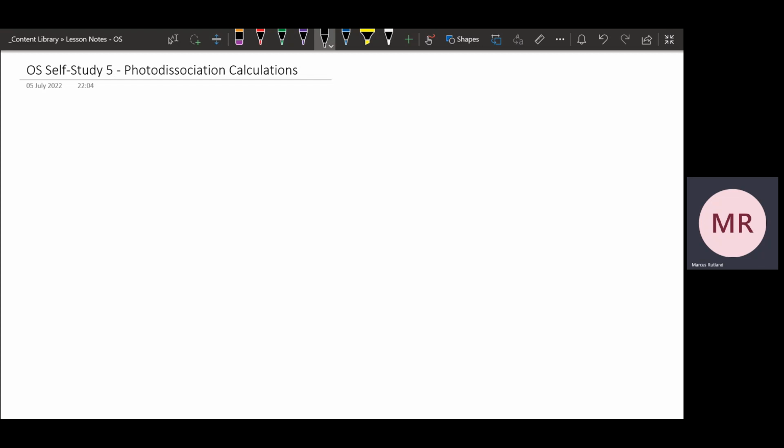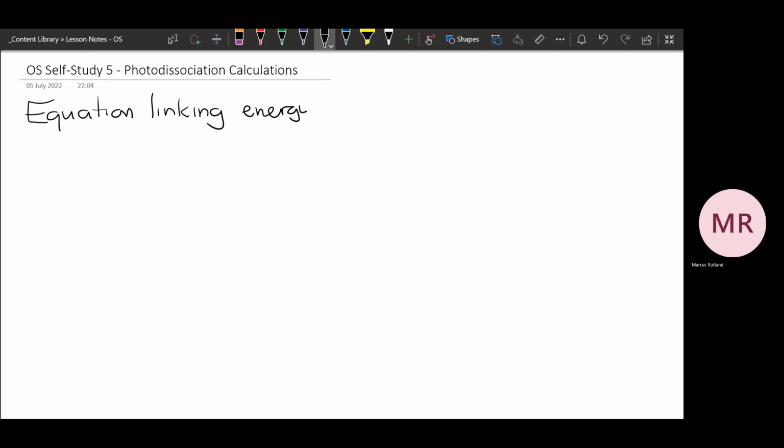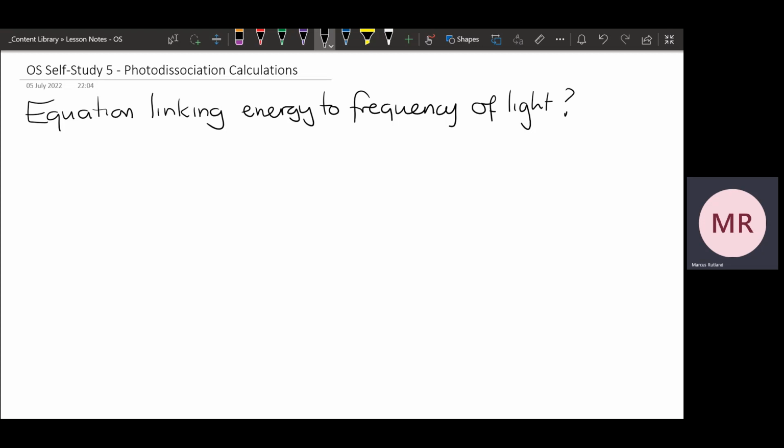Just as a quick reminder, a little bit of revision: do you remember the equation that links energy to the frequency of light? Any memories? We met this back in the elements of life, doing things like atomic emission and absorption spectroscopy.